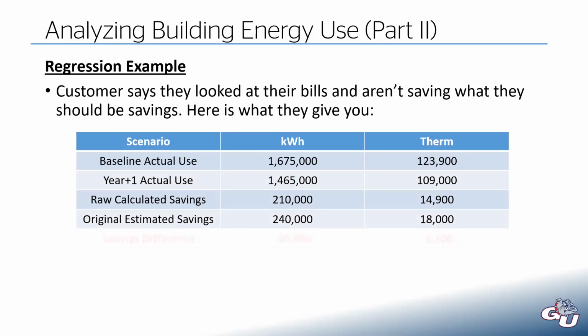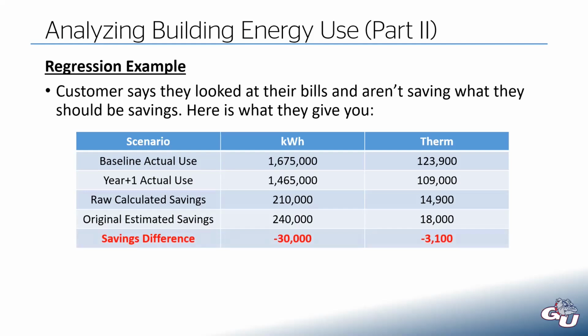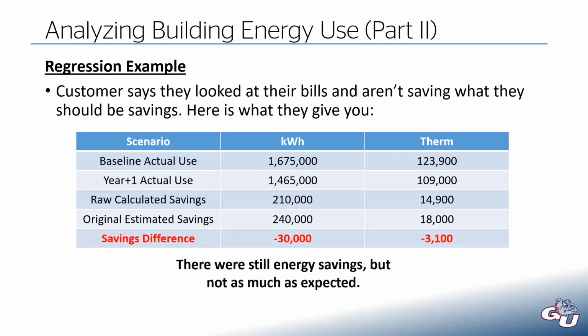So the way the customer's looking at this, they are underperforming. There are still savings there, but it's not as much as they were expecting and that we calculated and told them they would save.